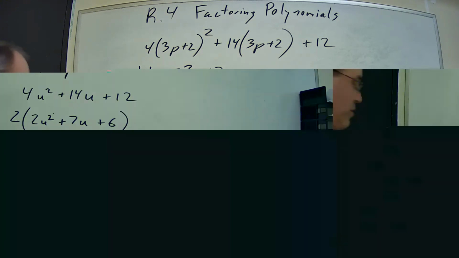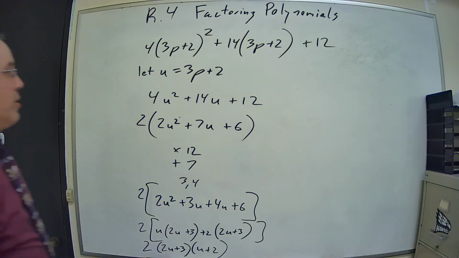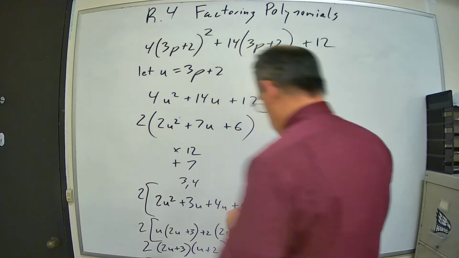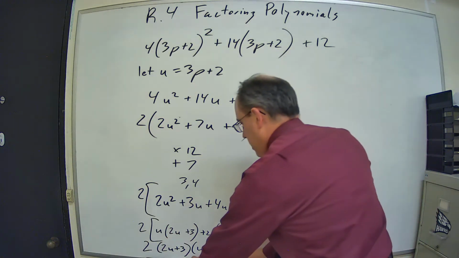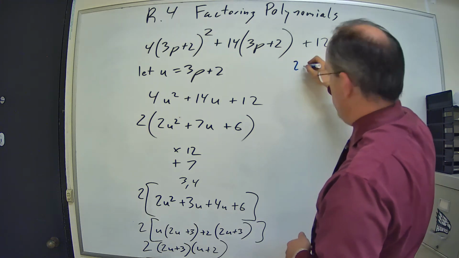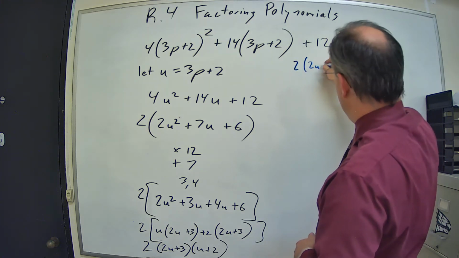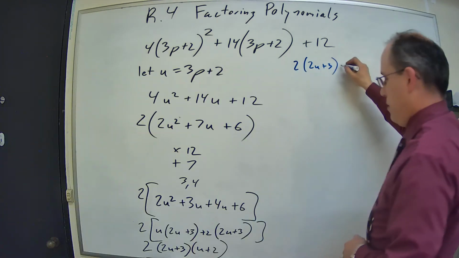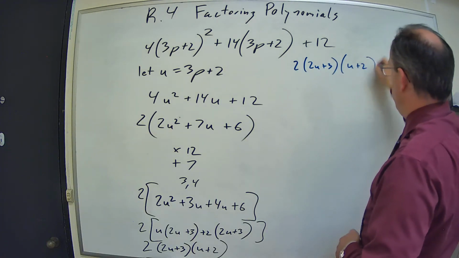Okay, I know that's kind of low on the bottom there, so I'm going to bring that up here. I'm going to change colors just so it doesn't blend in as much. So I have 2 times (2u plus 3) times (u plus 2).